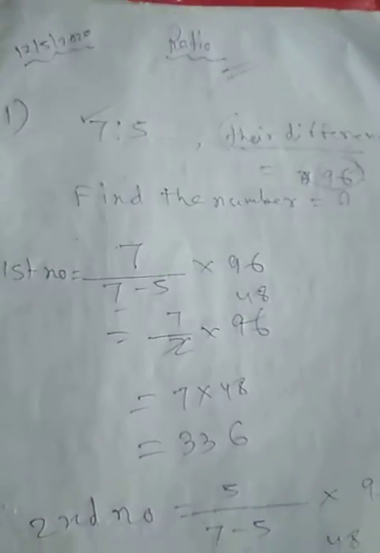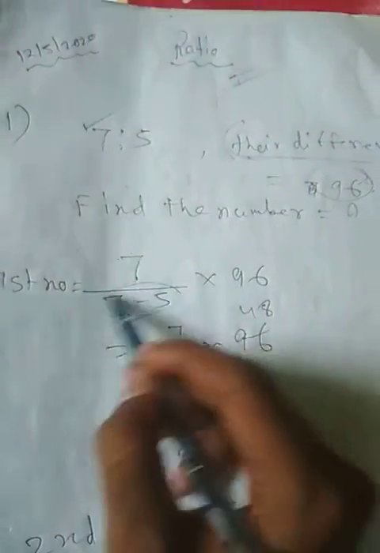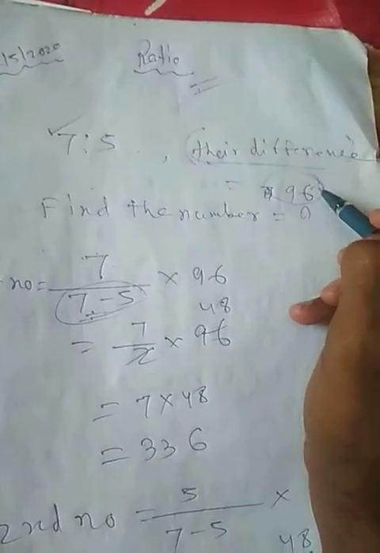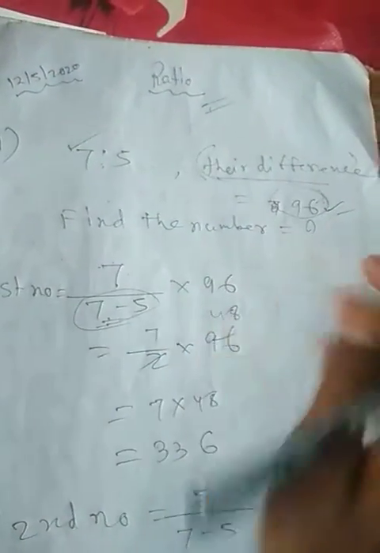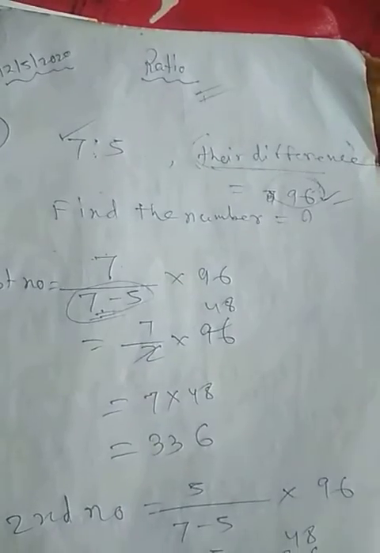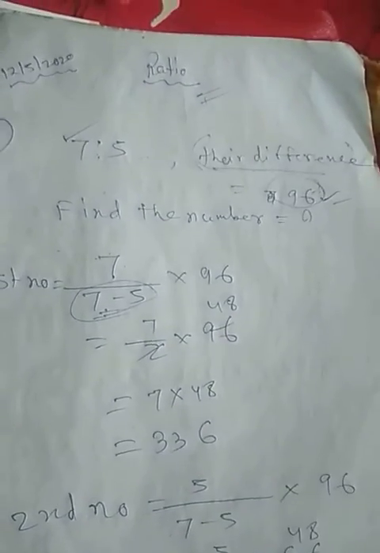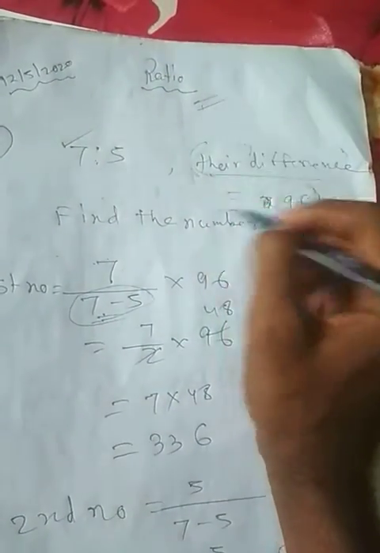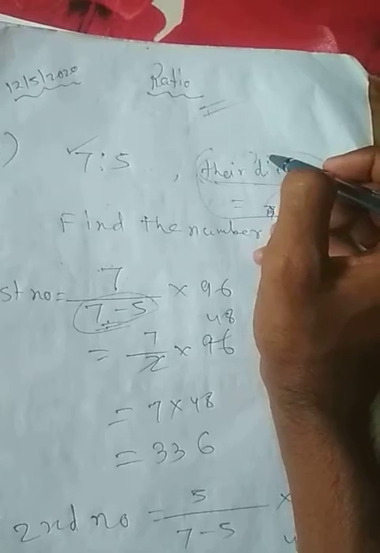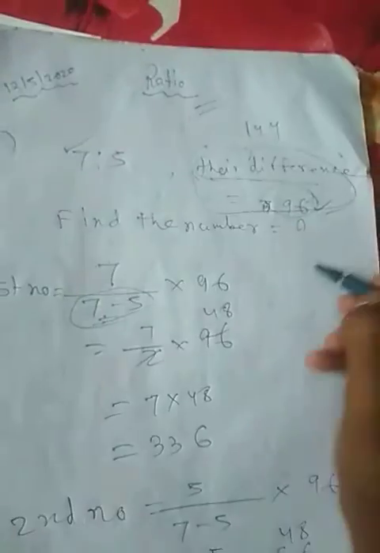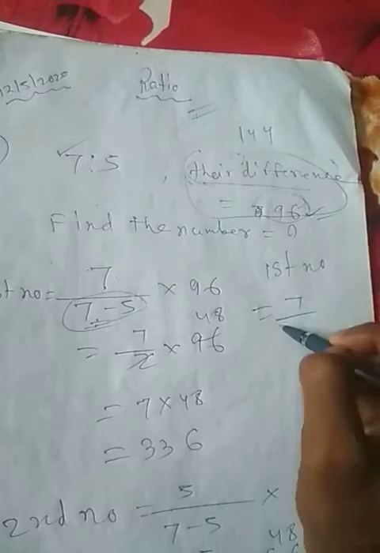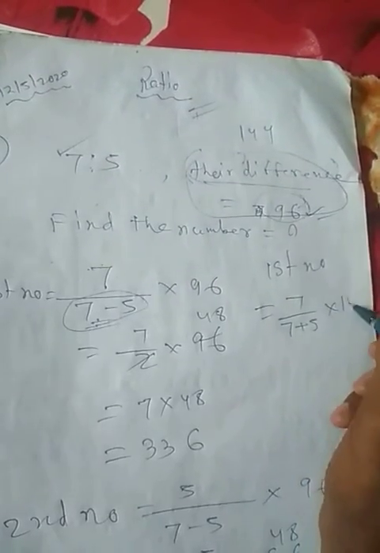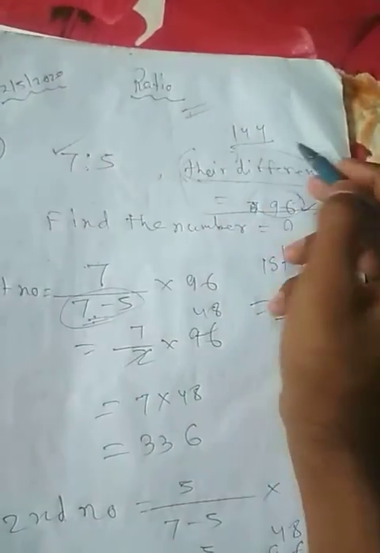Here you have to remember, in the denominator I have written the difference because the difference is given. If the total is given, then we will add them. You have to understand that. If the difference is not given and the total is given, say 144, find the numbers. Then the first number will be 7 by 7 plus 5 into 144, as the total is given, not the difference.